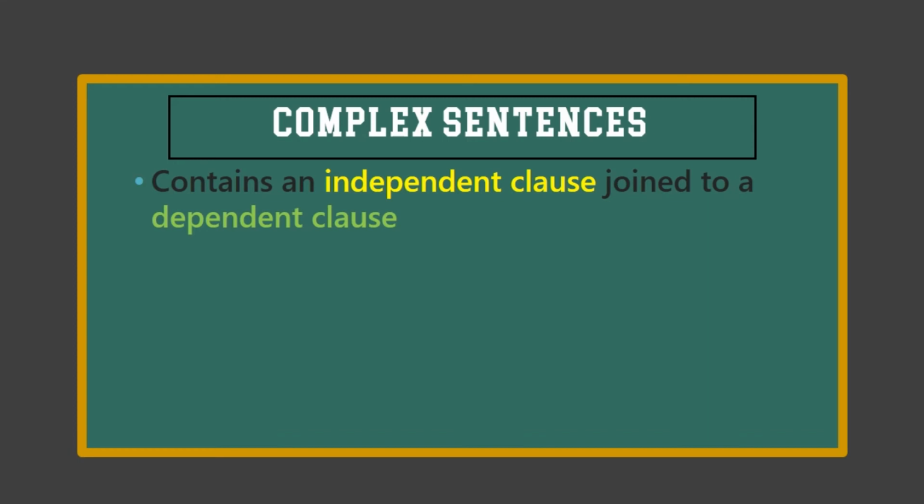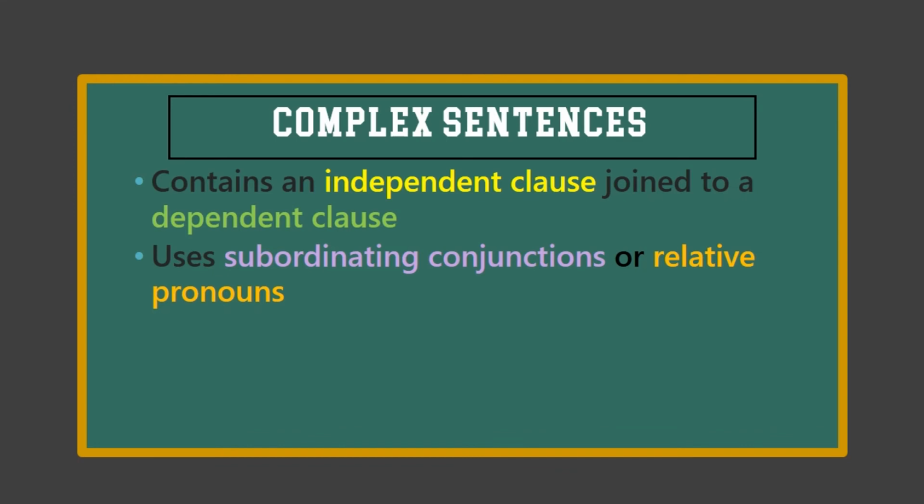It may not make much meaning if it's just on its own, okay? This independent clause and dependent clause is joined using subordinating conjunctions. Or you can also use relative pronouns to combine an independent clause and a dependent clause and create a complex sentence.